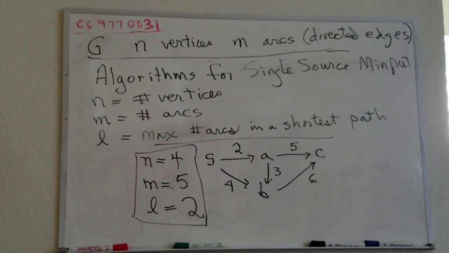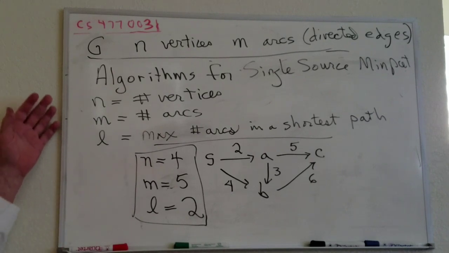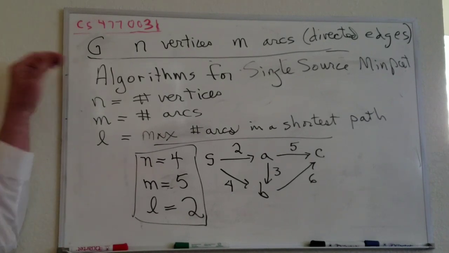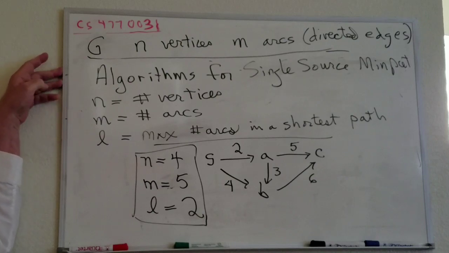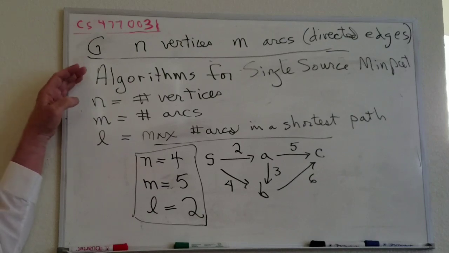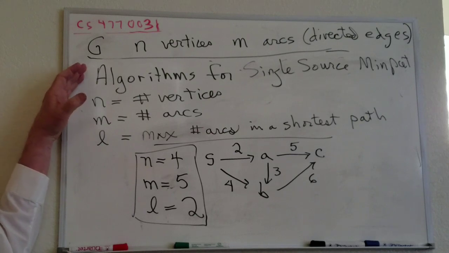One of the things we're interested in is a bunch of algorithms for the single source problem. The single pair problem is not as important as the single source problem. In other words, we have more algorithms for single source.